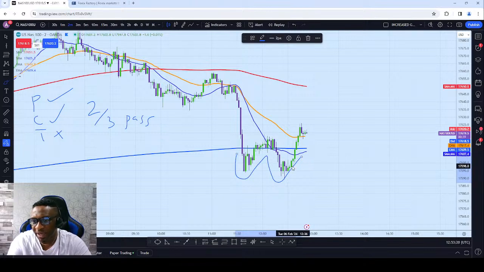If I engage in this, my entry will be somewhere here after the W has been formed, and the last purple or red candle, whichever you have on your charts, is taken out by the green candle, the dominant candle. Then I will look to take a buy from here.